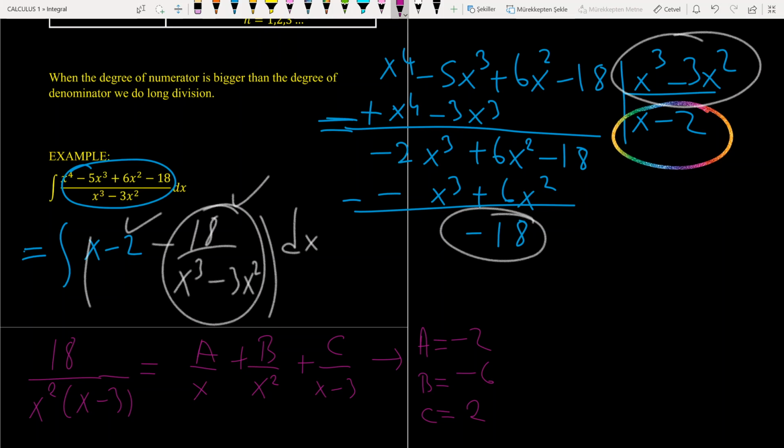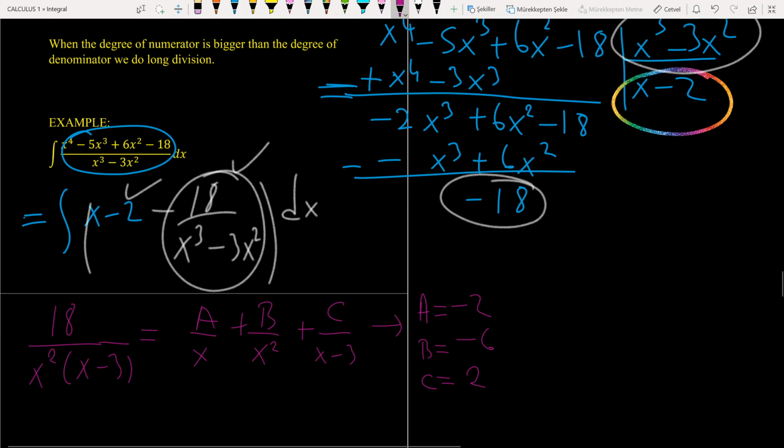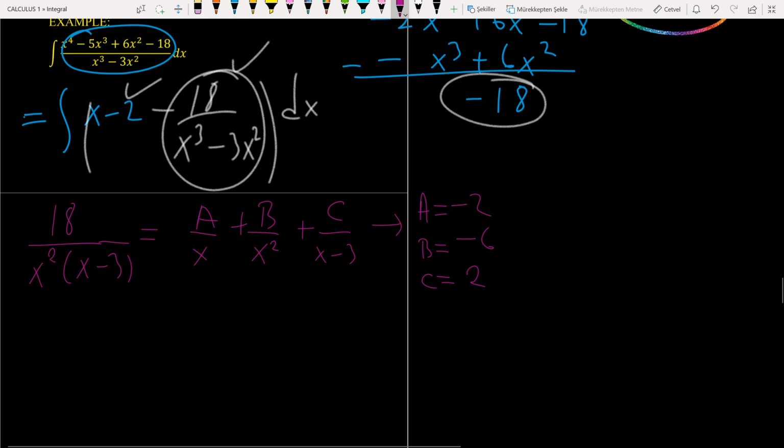Okay, so we have all coefficients now. I think we are ready to integrate the function. So let me write down the integral. The first integral becomes x minus 2.